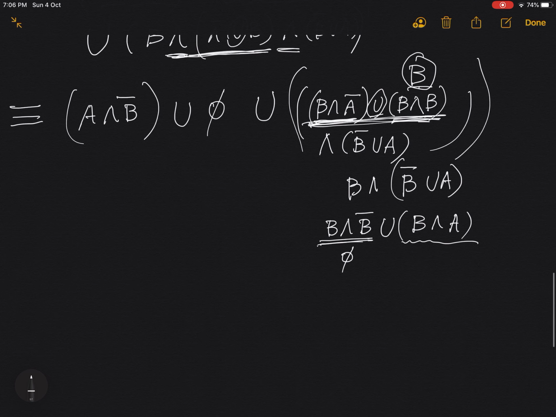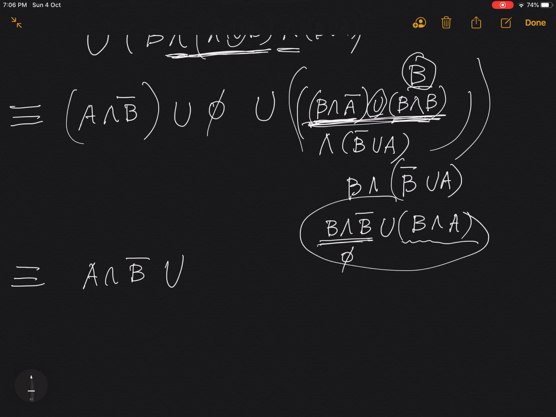So the whole thing will become A and the complement of B, union empty set, we can omit it, and again we have a union, this is also empty, or B and A.